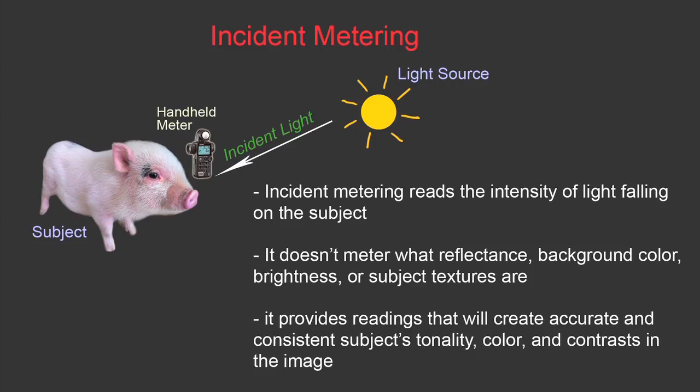Of course, incident meter reading reads the intensity of light which is falling on the subject, so incident light. It doesn't really matter what the reflectance, background color, brightness or subject texture are. And this type of reading provides a reading that will create more accurate and consistent subject tonality, color and contrast in the image.